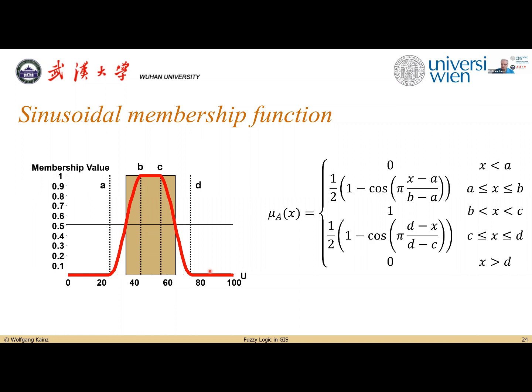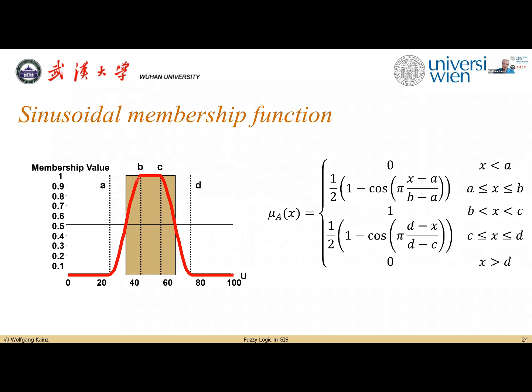Now, what you see here on the right-hand side, again, is the mathematical expression, how to compute the values according to the different parameters. So again, for every value less than a, it's 0. Between a and b, meaning this ascending part here, the formula would be 1 divided by 2 times 1 minus cosine of pi times x minus a divided by b minus a.